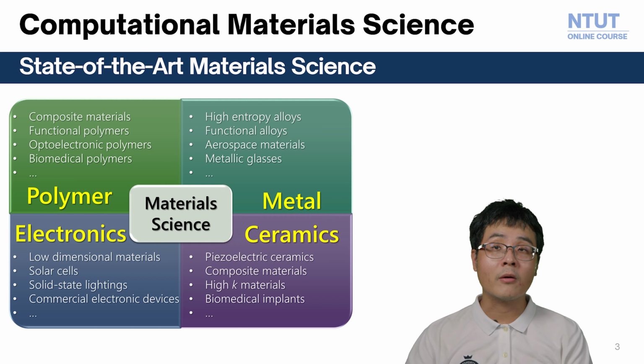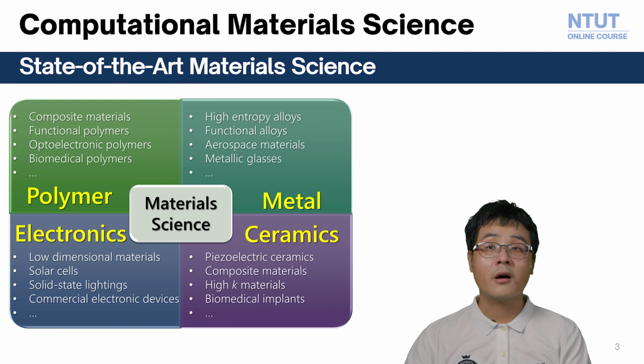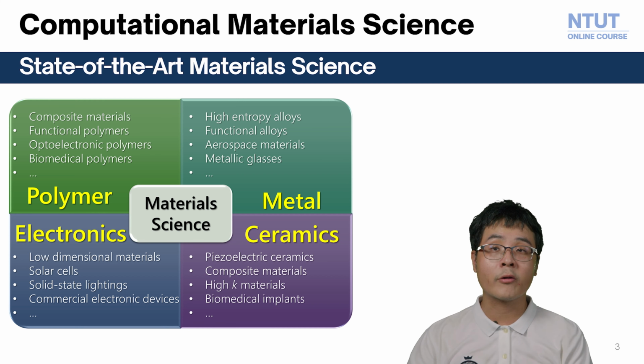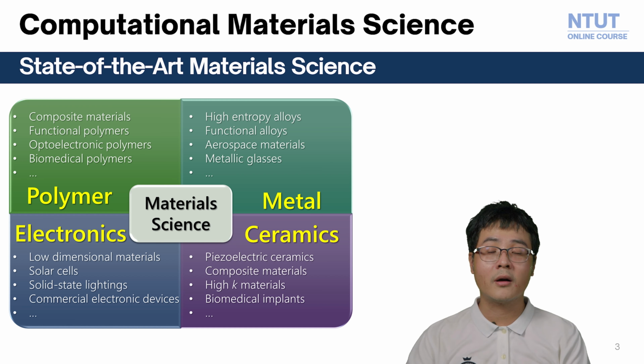For metal, we may have topics about functional alloy or aerospace materials, metallic glasses, or a very new topic, high entropy alloy. For ceramics, we may use it as a piezoelectric device, known as piezoelectric ceramic.